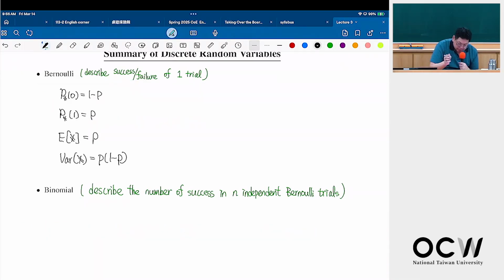So in n trials, the PMF is: from n trials, how many times I succeed, n choose k. And each time I succeed, the probability is p, so p to the k, and the probability of failure is 1 minus p, which happens n minus k times.